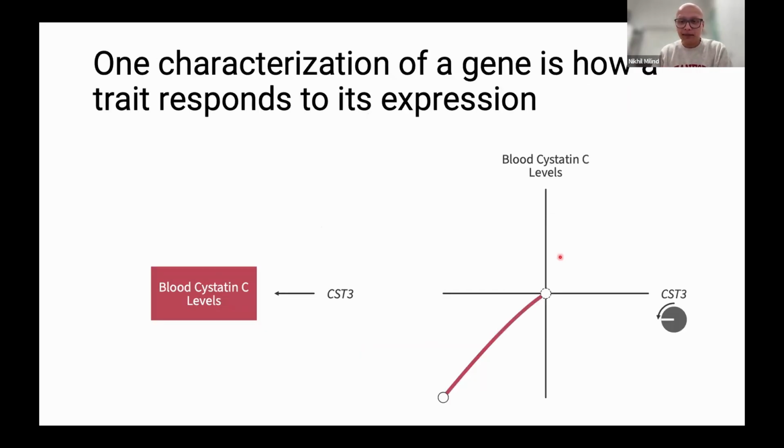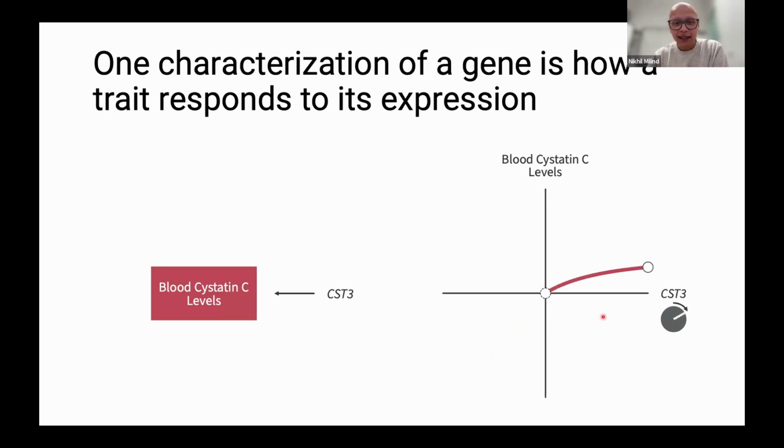And so one characterization that might be helpful instead of a Manhattan plot, for example, is to think about how the gene directly affects the trait. Right? So imagine I had control over germline gene expression of CST3, which is the major component of cystatin C in blood. So if I could control germline gene expression in humans and I could reduce CST3 levels, I would expect there would be some commensurate reduction in cystatin C levels in blood.